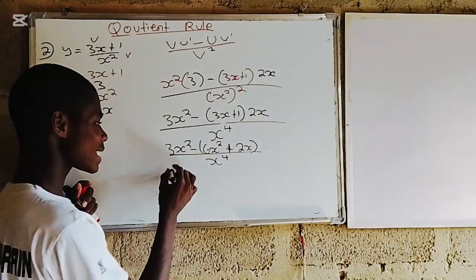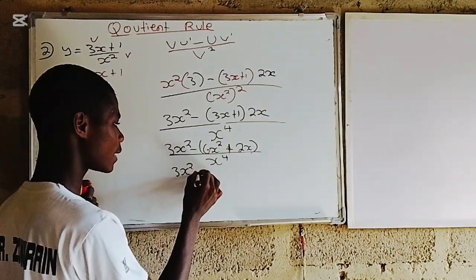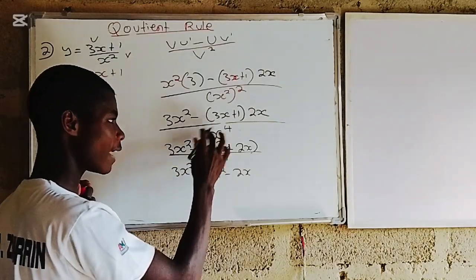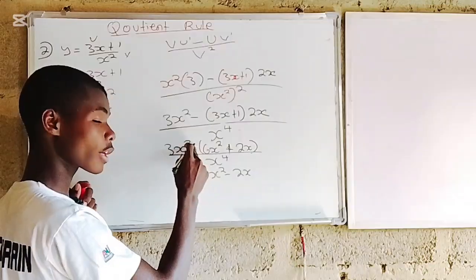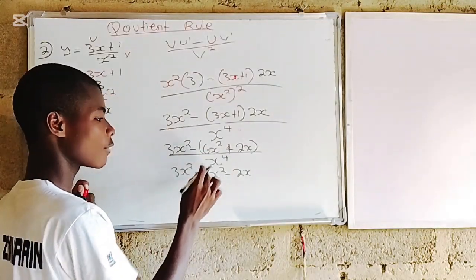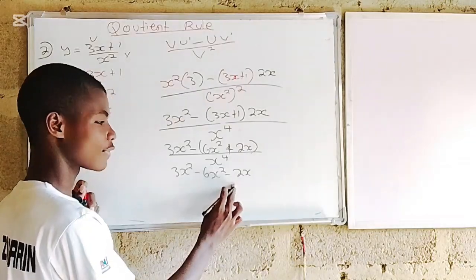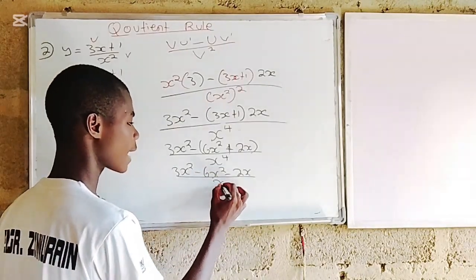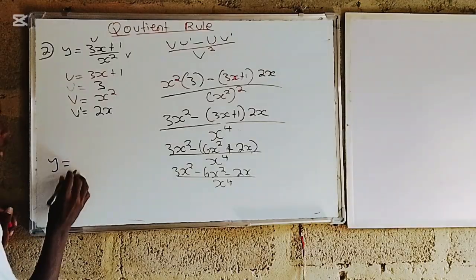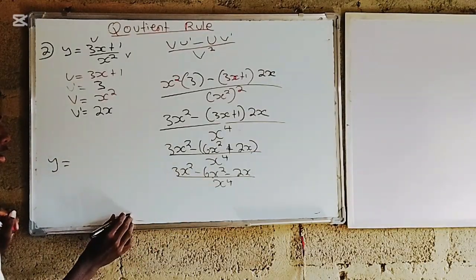This is the same thing as saying 3x squared minus 6x squared minus 2x. If I distribute the negative sign to the bracket, it becomes negative 6x squared and negative 2x, all over x power 4. The general solution is this minus this.